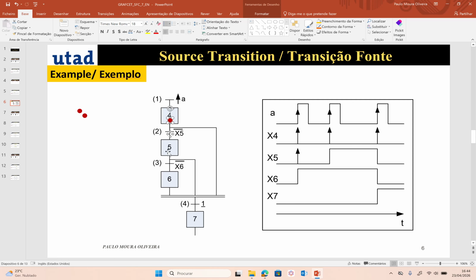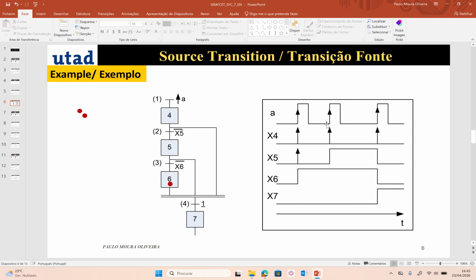But because the next step, x5, is not activated, not x5 is true, so this mark goes from this step to the next. And because x6 is not activated, not x6 is true, so it activates step 6.